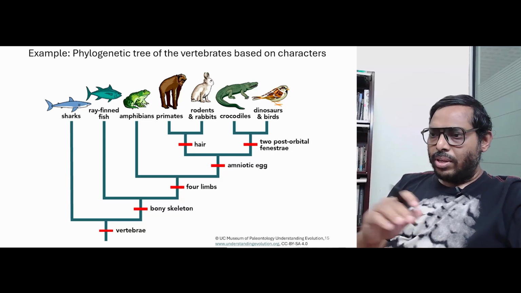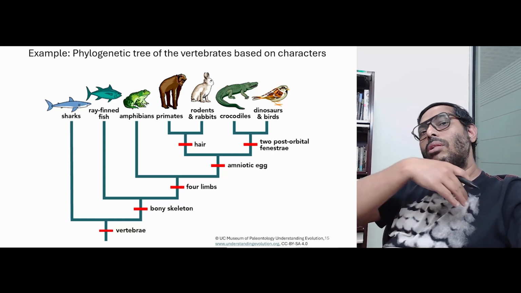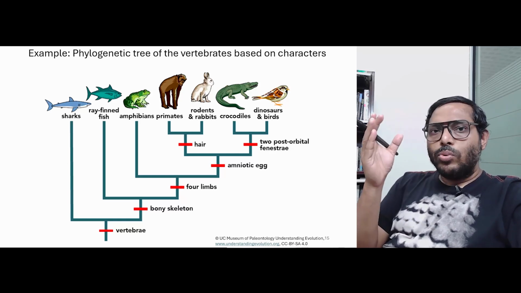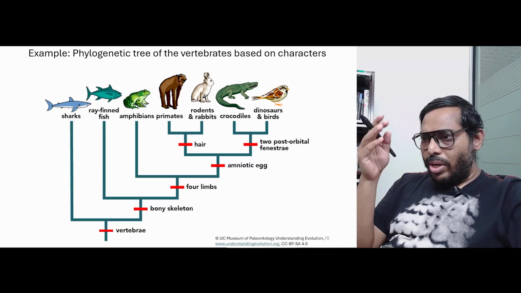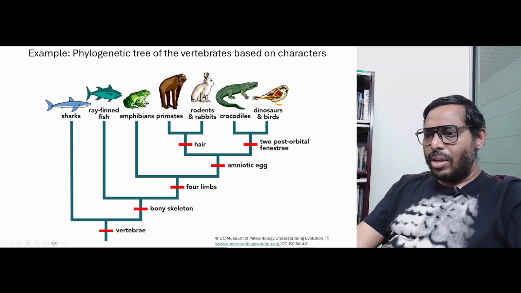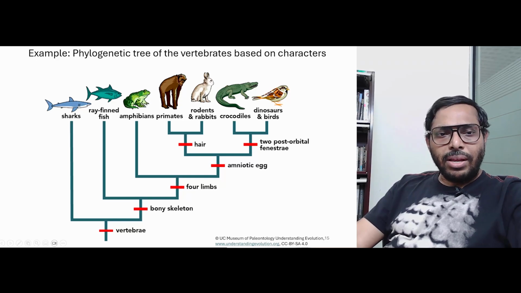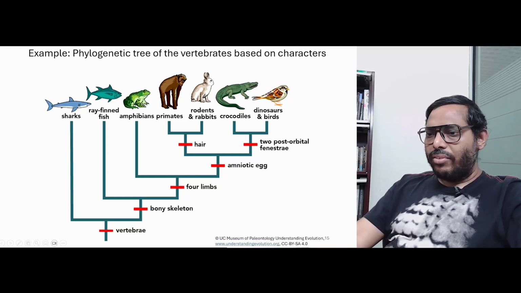evolutionary relationship. So, for example, if you take all the properties of all the vertebrates and you try to classify them in terms of their evolutionary relationship, you will see that at some point the vertebrae arose, obviously that is how you are having vertebrates, and then those are the sharks, and then at some point the skeleton becomes bony, and after that you get the ray finned fishes.